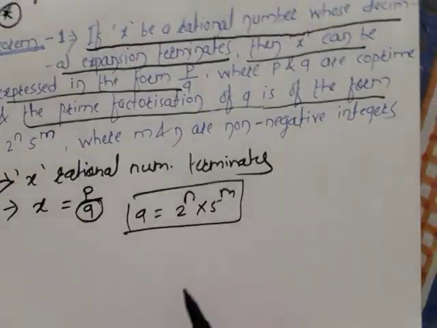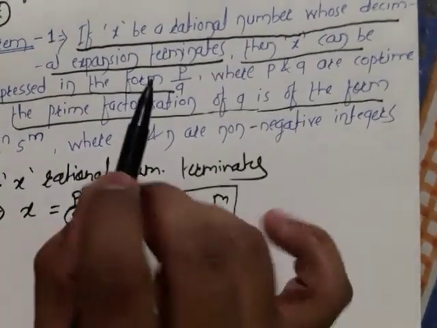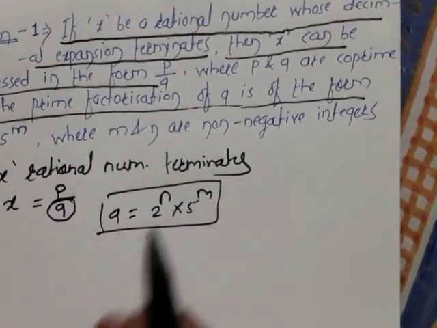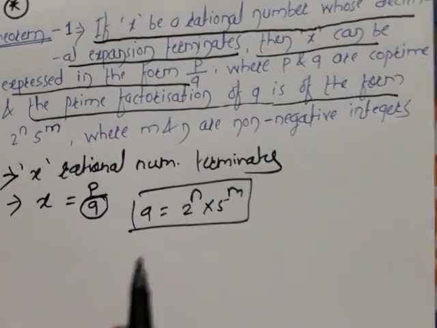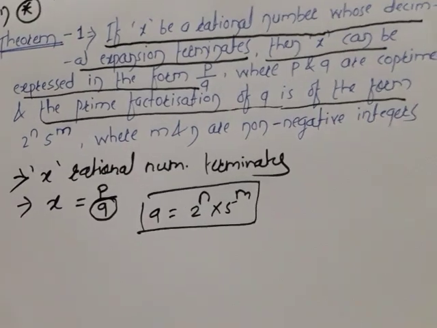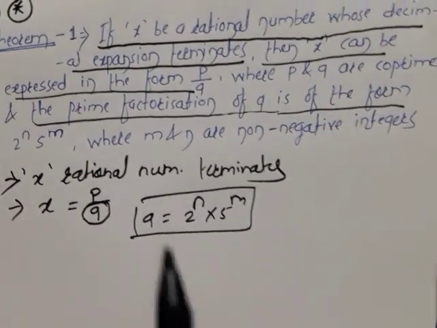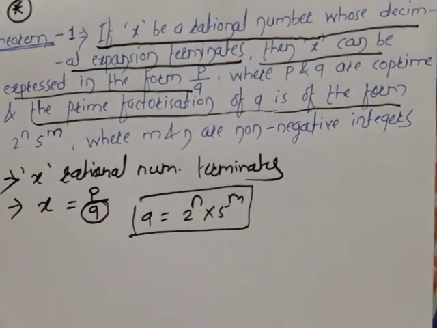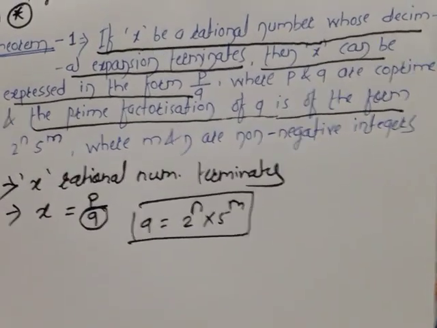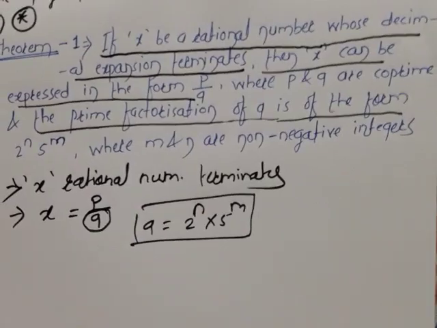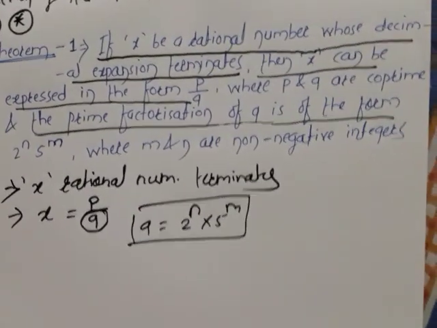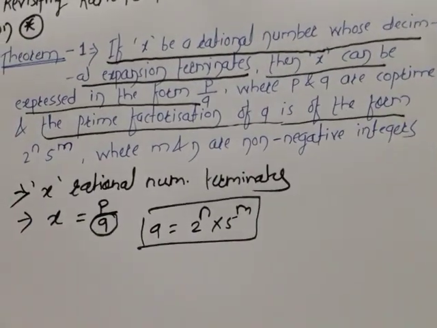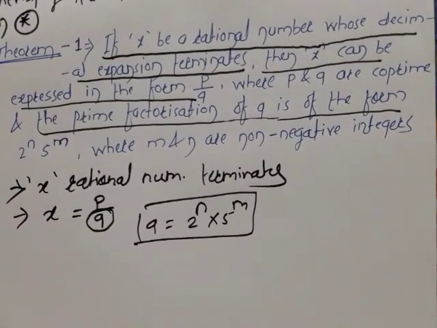What is the meaning of this theorem? If x is any rational number and its decimal expansion is going to terminate, it means it is going to stop. Then x can be expressed in the form of p upon q, means in the form of a rational. Then, important thing is that p and q are co-prime.